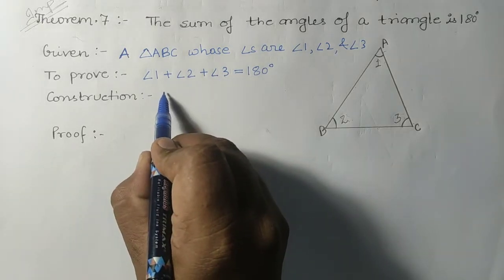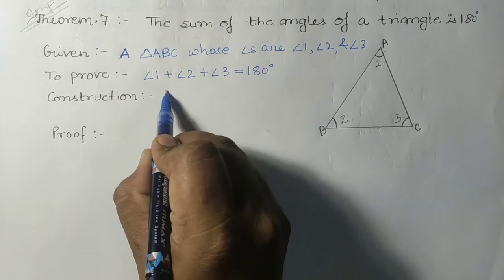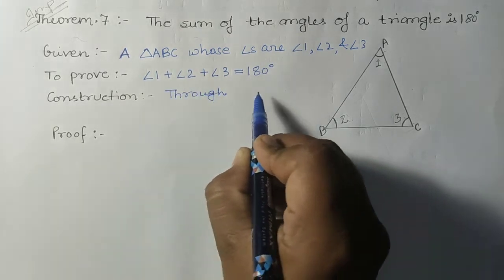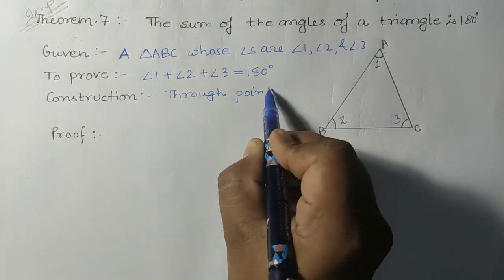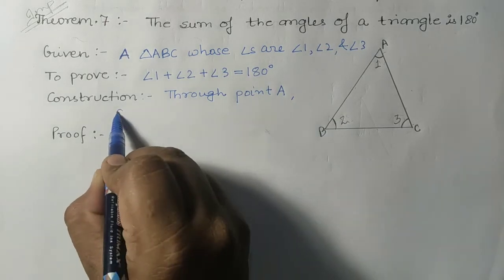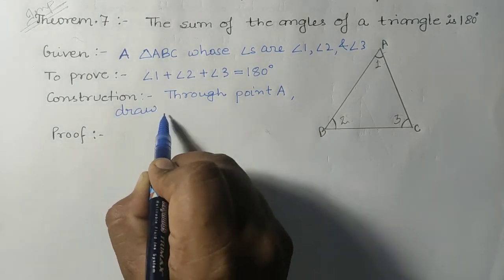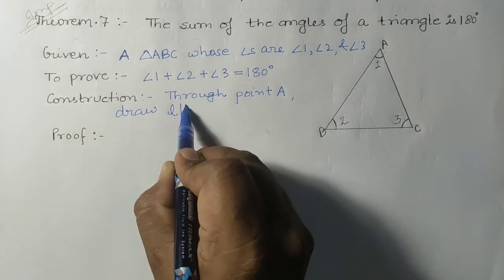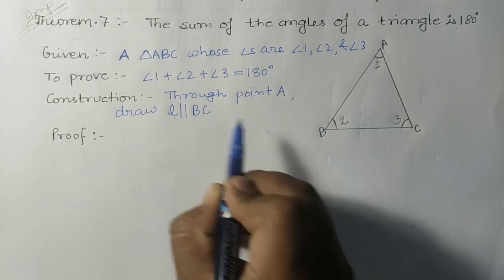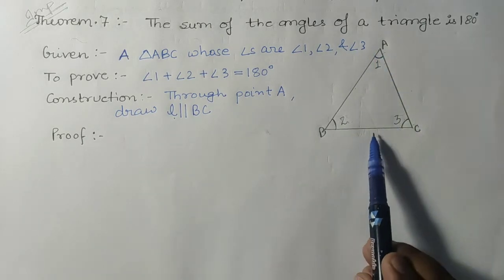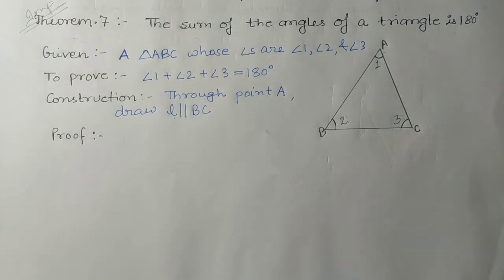What construction will we do? Through point A, draw a line L, which should be parallel to BC. We will draw a line from A that should be parallel to this BC.